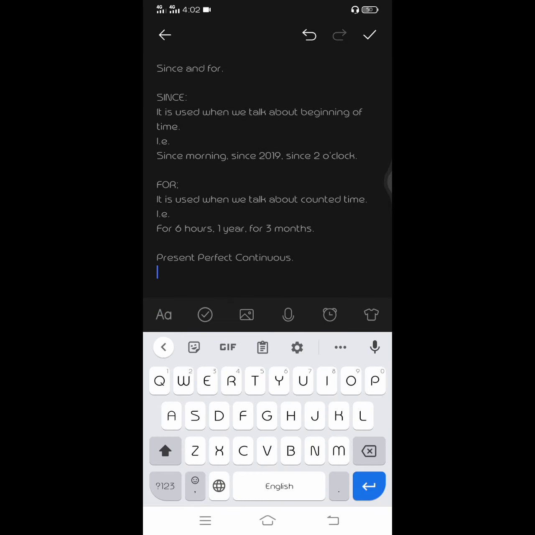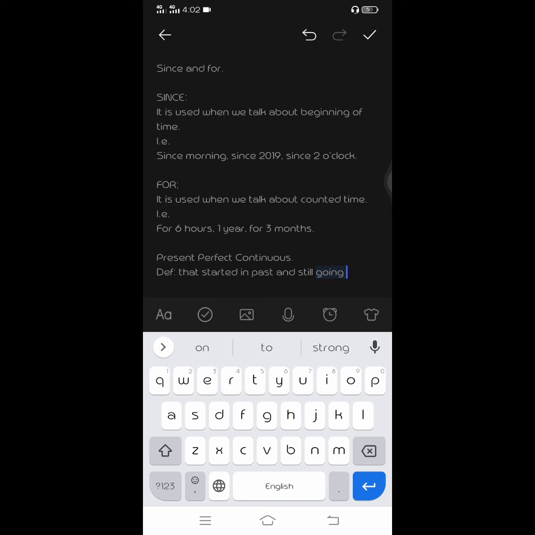Just a little difference, that is, present perfect continuous is a bit more polite, and it is used when we talk about time durations as well. Okay, so the definition is that it started in the past and is still going on, right? And we mostly mention time with it.